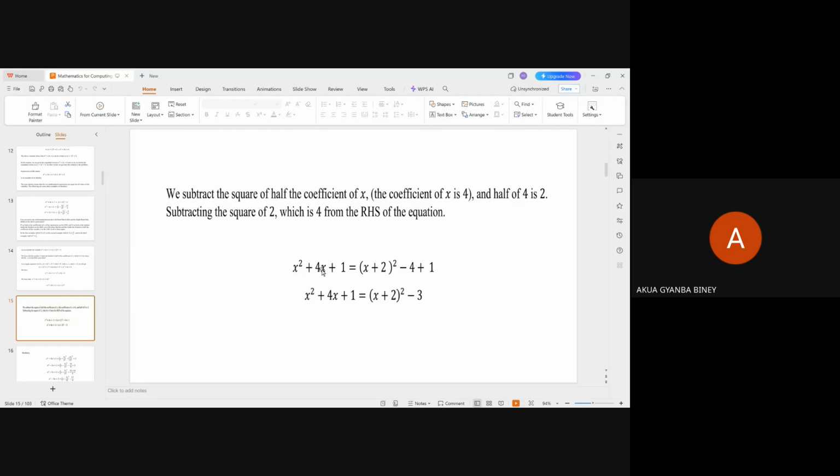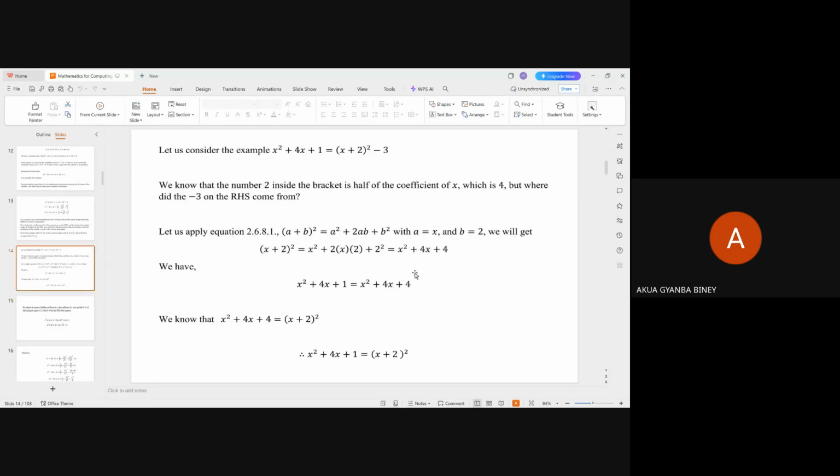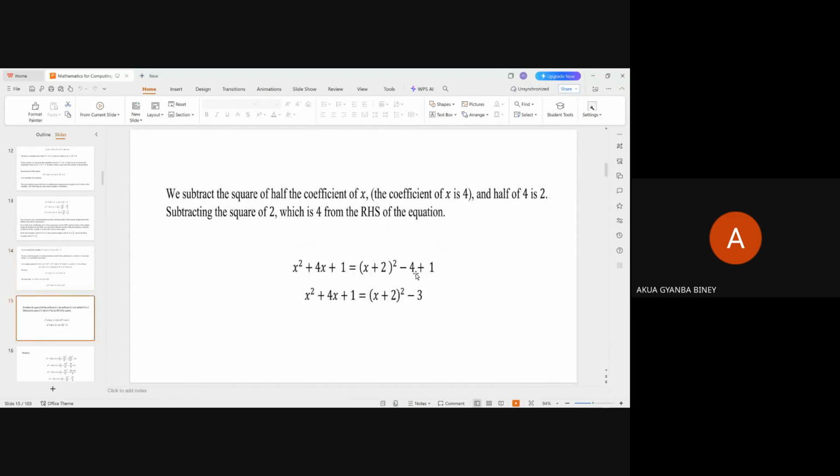Then when it came here, the 4, which is the coefficient of x, you halve it. So 4 divided by 2 is this 2. And it's saying to subtract the square of the half. So the same half, which is 2, you square it and subtract it from the right-hand side. So that we have a minus 4 over here. Then the plus 1 comes in: minus 4 plus 1, giving you the minus 3.